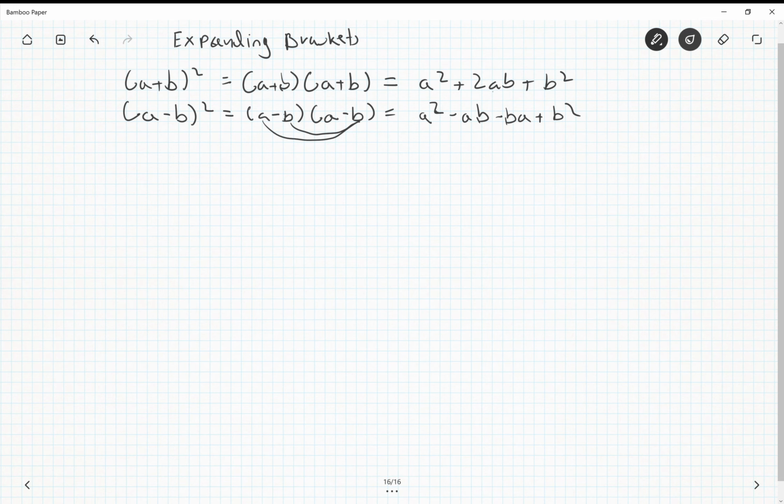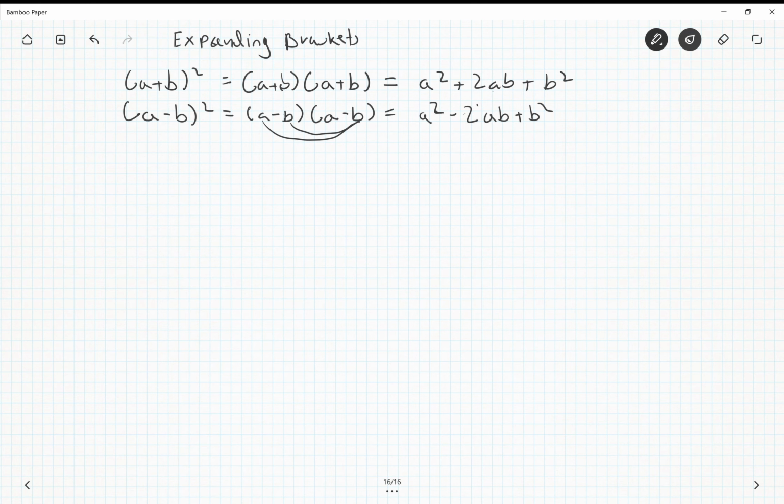And one thing we can notice here is negative ab and negative ba are exactly the same thing, so that would essentially be negative 2ab. So this equation is basically written as a squared minus 2ab plus b squared.